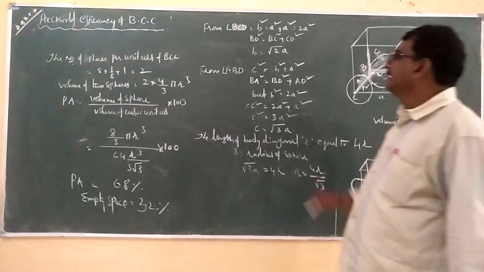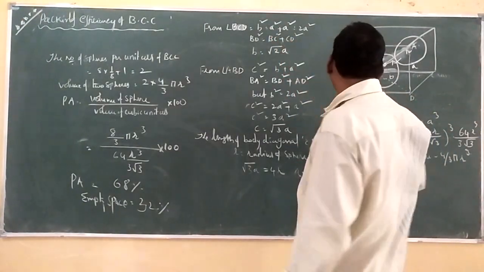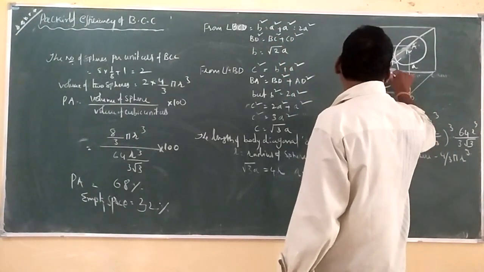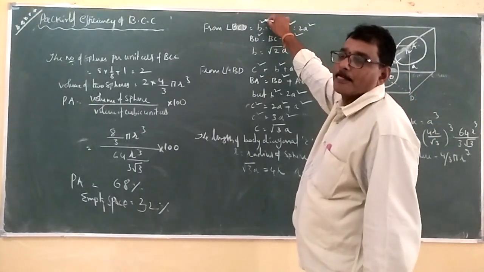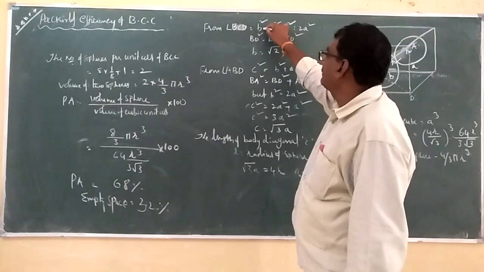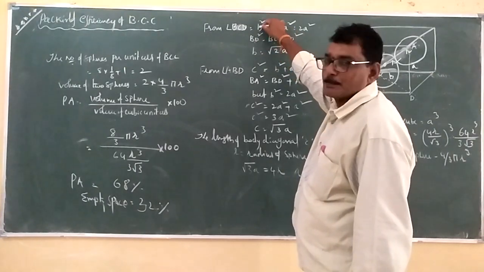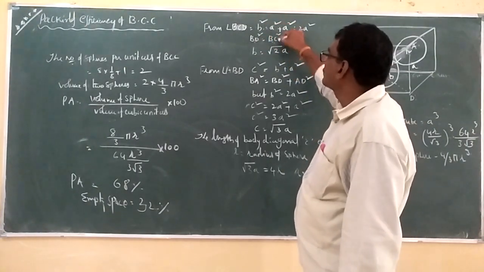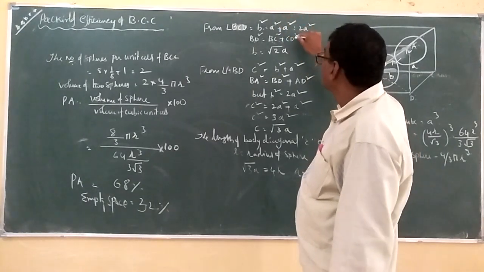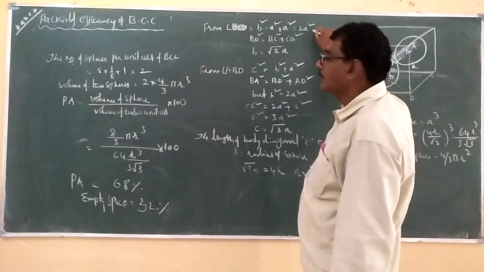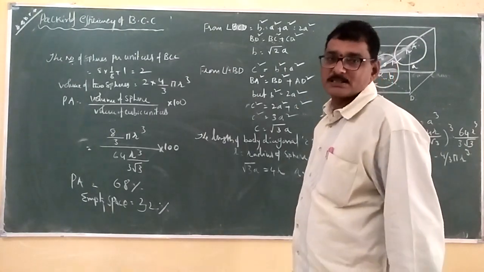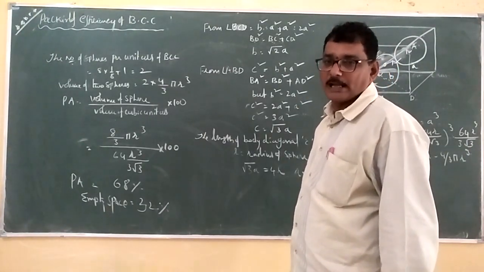BD is b, therefore b square. BC square is a square, CD square is a square. So b square is equal to a square plus a square, which is 2a square.